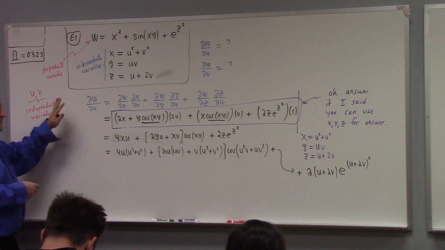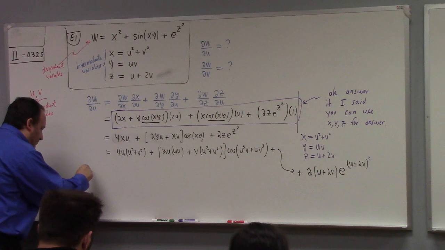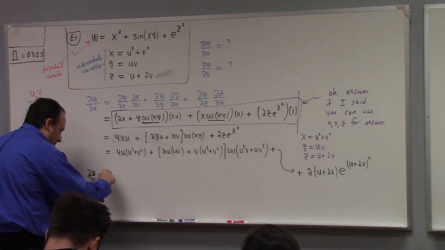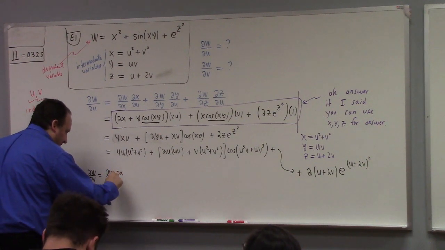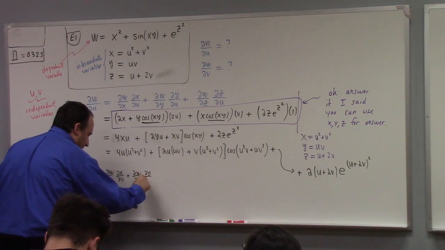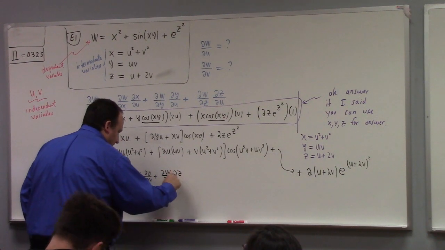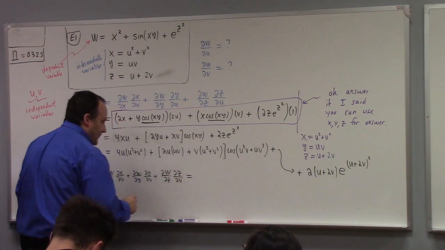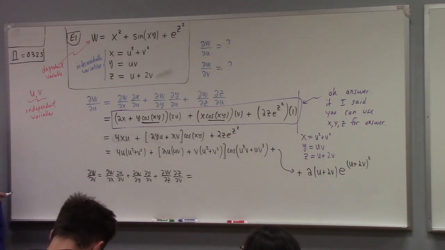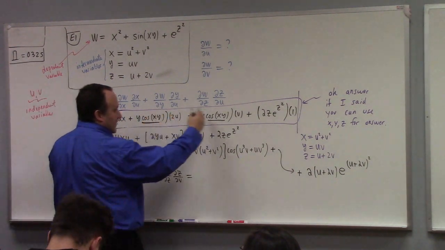Okay, so let's do partial w, partial v. I'll do it down here. What's partial w, partial v? We're going to do partial w, partial x, partial x, partial v, plus partial w, partial y, partial y, partial v, plus partial w, partial z, partial z, partial v. Right? And, well, you notice that the x, the y, and the z derivatives, they're still the same, aren't they? So I can literally just rip off what I had before.